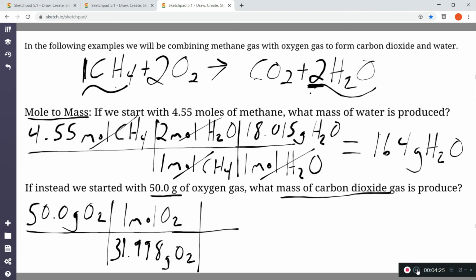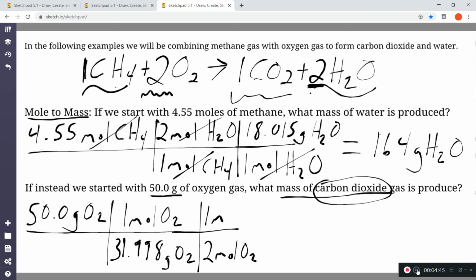Now to go from O2 to CO2, carbon dioxide, we have to use the ratios in the problem. If we look there, we have 2 O2s gives us 1 CO2. So 2 moles of O2 gives us 1 mole of CO2.